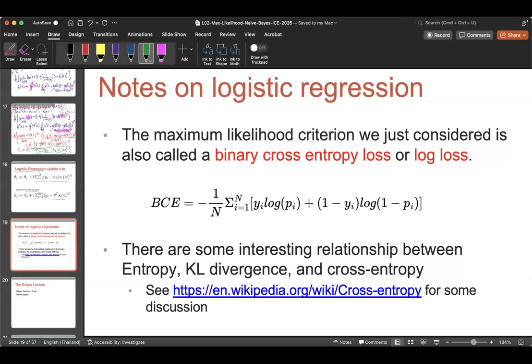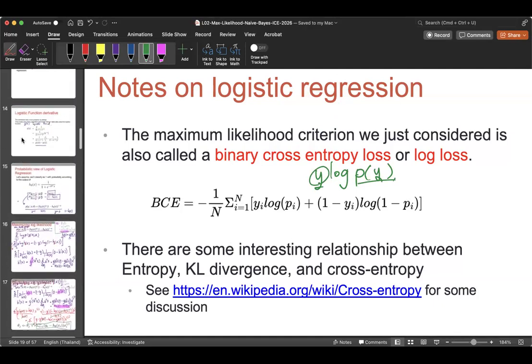Usually if you write cross entropy loss, it is y log p, the label multiplied by the log probability of the model. So this is the cross entropy equation.